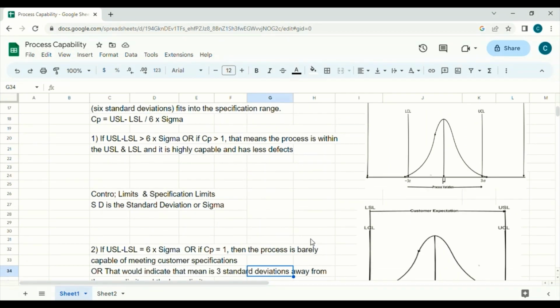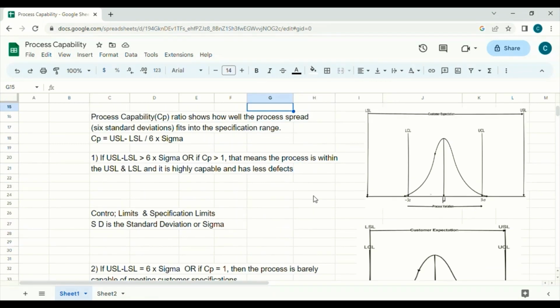Before coming into this second scenario, let's see the difference between the control limits and specification limit. Here we can see the UCL, LCL and USL, LSL.